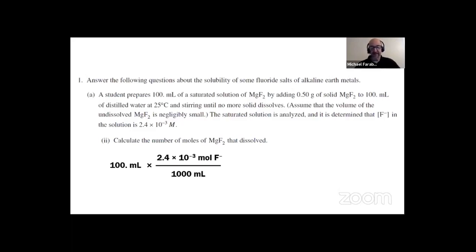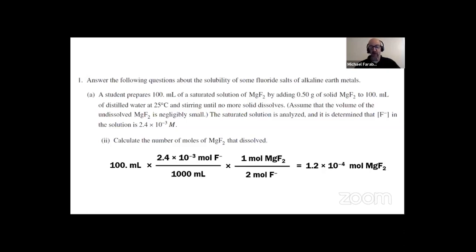Now, the second step is to convert moles of fluoride into moles of magnesium fluoride. There's that 1:2 ratio I mentioned. And so if we do this math, we get 1.2 times 10 to the negative 4 moles of magnesium fluoride. So that is considerably less than the amount of moles of magnesium fluoride that was added. That's how much actually dissolved.